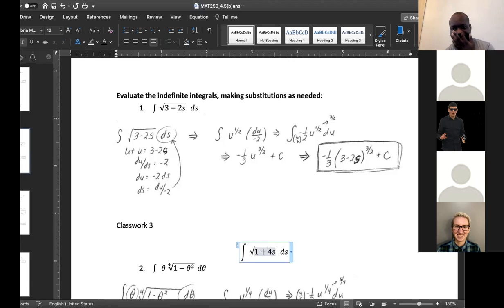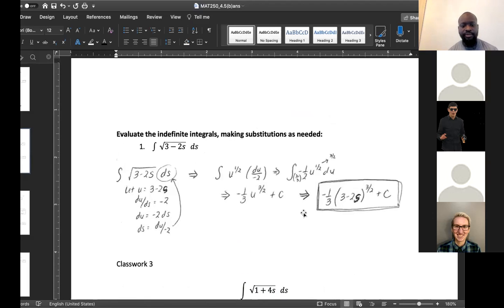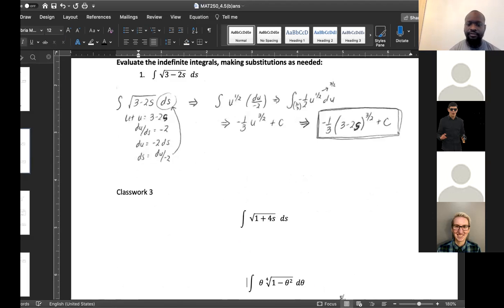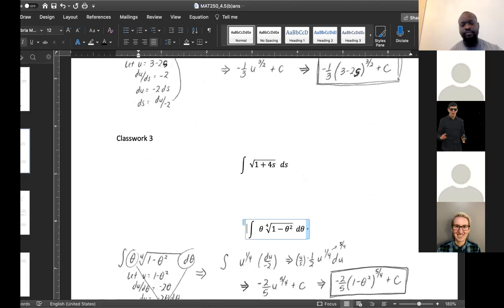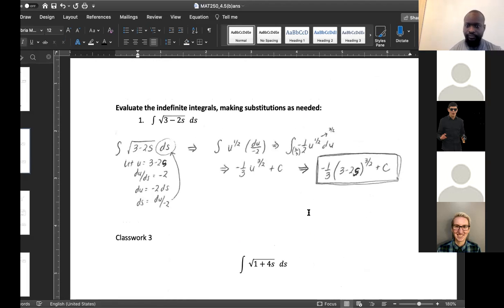So I want you to try this one. Make sure you understand what is above, okay? You tell me what your answer is. This is going to be the last problem of the class and we're done for today. So take your time.